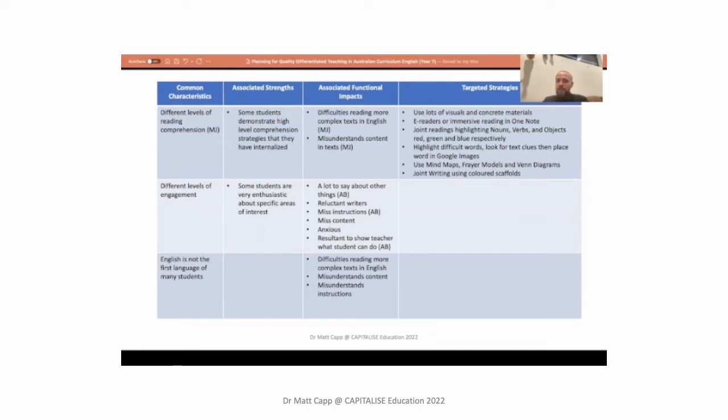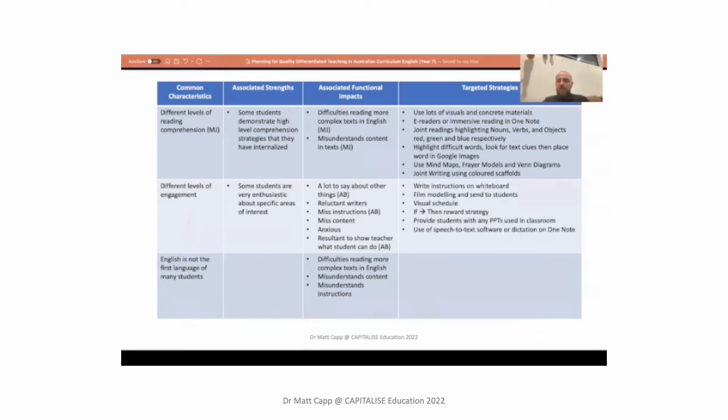We could highlight difficult words in text, and then look for contextual clues within that text. And if we can't find it, shoot that word into Google Images and have a look at what the word pictures are and come up with a definition together, create some mind maps, Frayer models, and Venn diagrams, or do some joint writing using colored scaffolds. But these are targeted strategies because we've thought about the common characteristics of our students, their associated strengths and functional impacts.